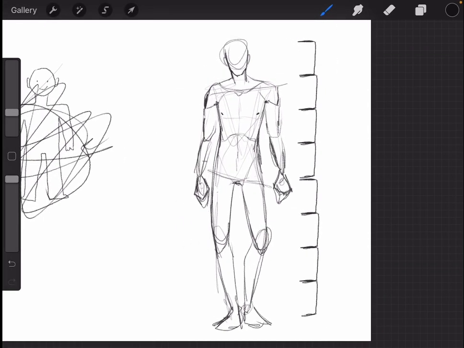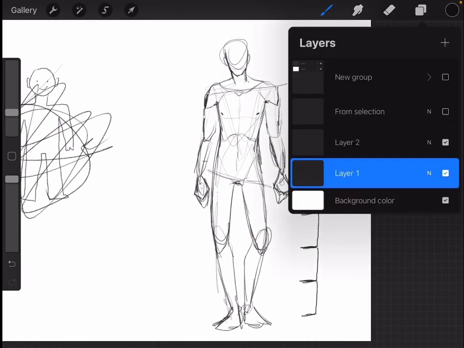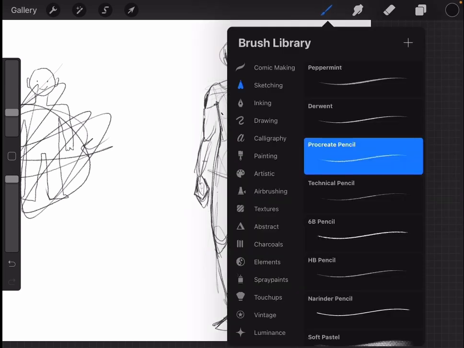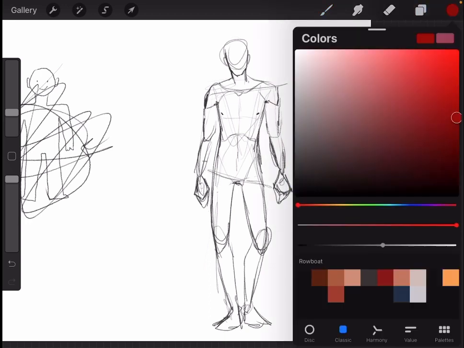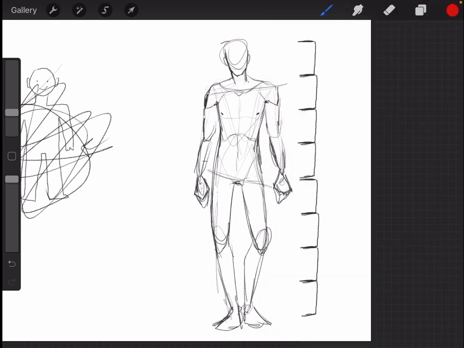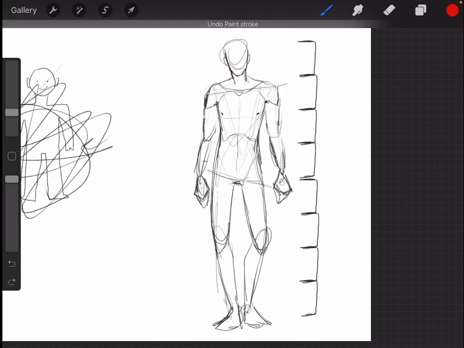What it means by saying 8 heads is very literally that the human body can be measured by the length of the head. Like right here, that distance, I have it represented over here.